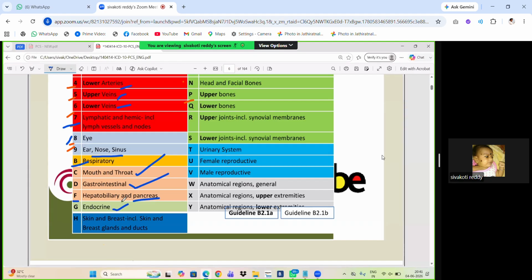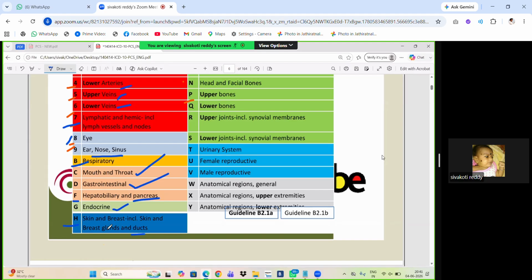Next, H, skin and breast, which includes skin and breast glands and ducts also. So from H onwards, check carefully. Based on the depth, the body system will change.